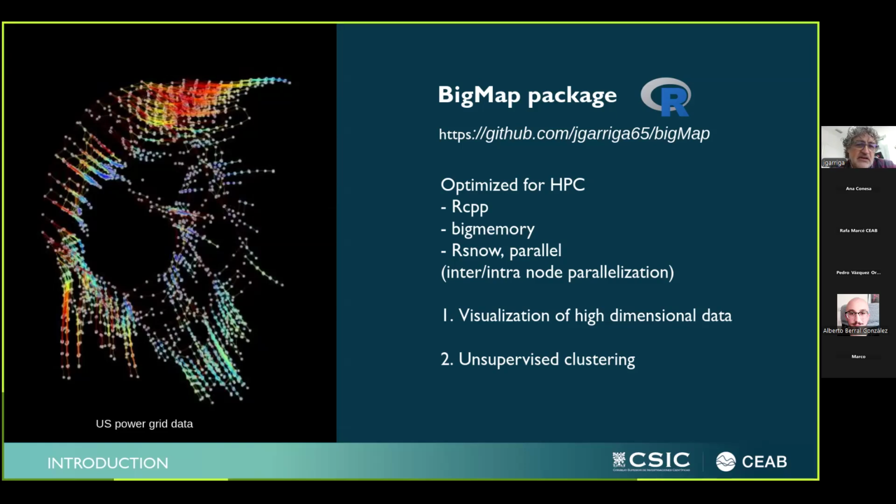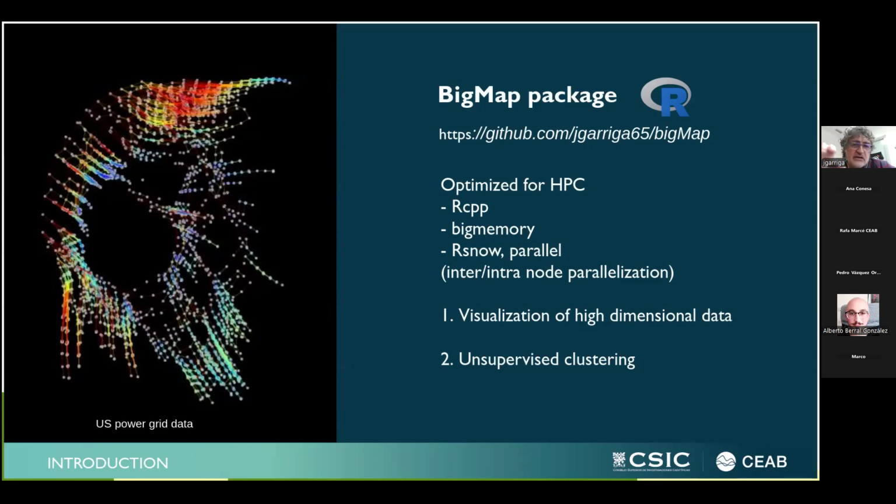This package is optimized for high performance computing platforms, but you can use it also in your laptop or in your desktop. But it's designed for high computational cost, and its core is written in C++.